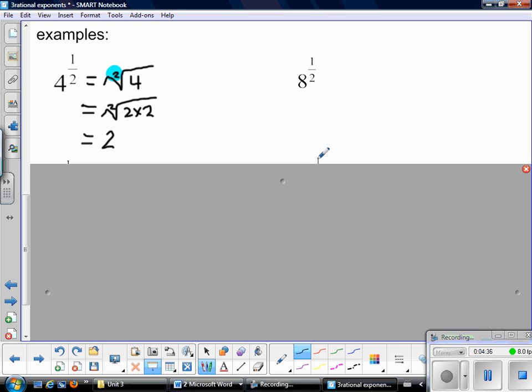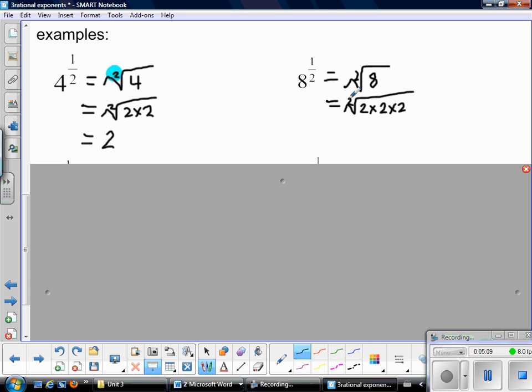Now, when we look at 8 to the 1/2, you know that we've done this before as well. And what that means is it equals the square root of 8. And you know that that's the same as 2 times 2 times 2.